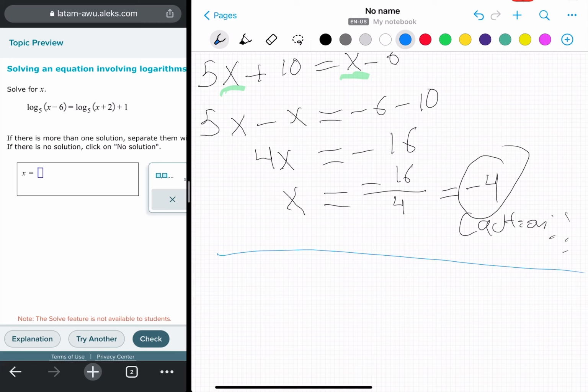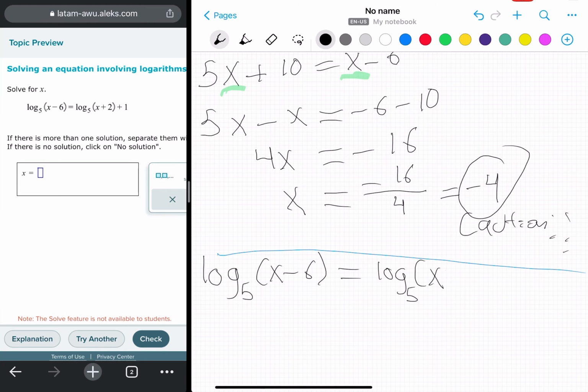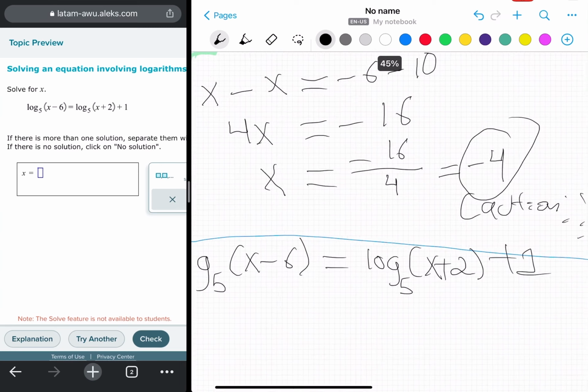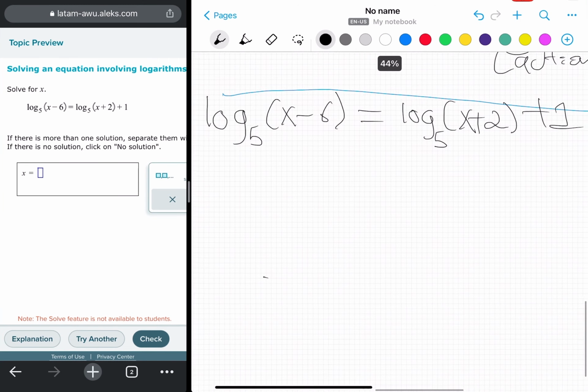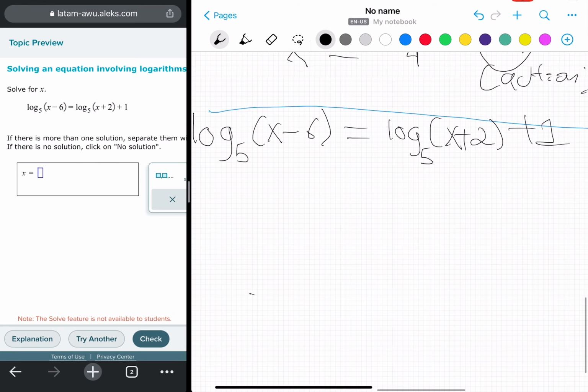Here. If my answer is minus 4, in my original equation, which was logarithm 5 of x minus 6 equals logarithm 5 of x plus 2 plus 1. Okay, this is my original equation that I have here. And my answer should be minus 4.